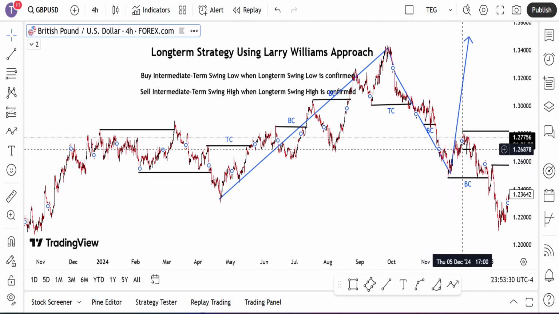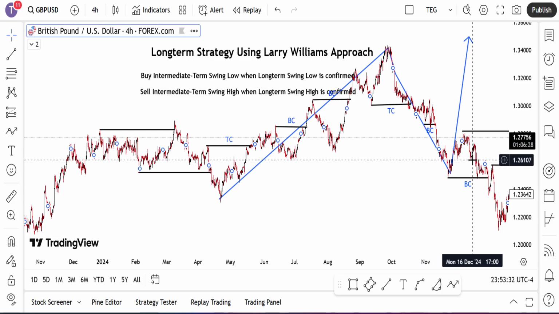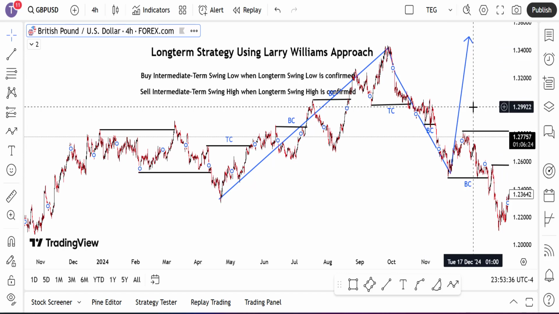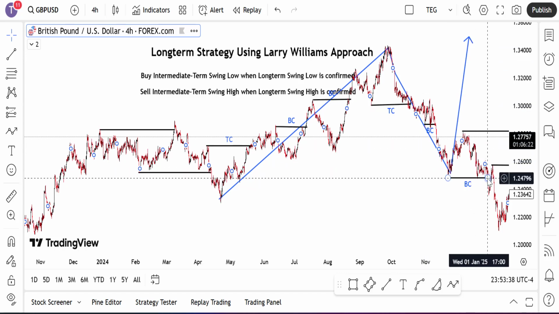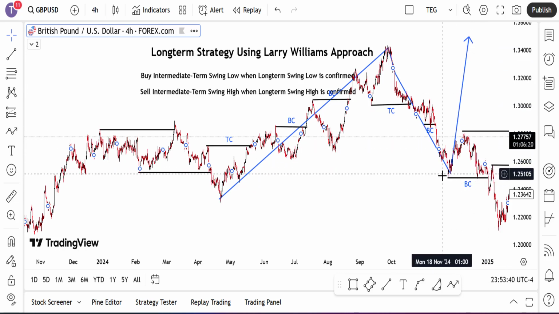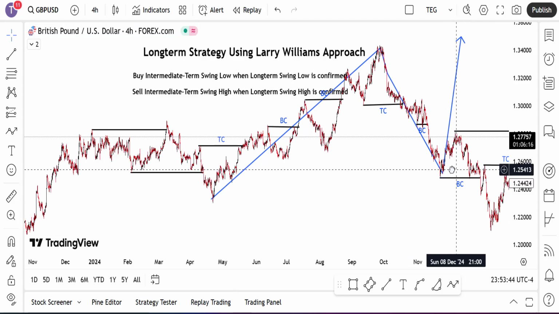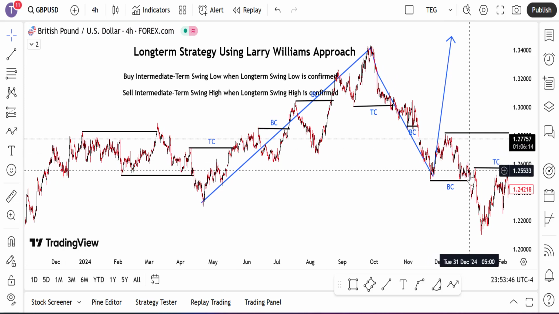But what happened? Price failed to create a movement upward. What happened? It took out our long-term swing lows. So that is just it. So from henceforth, we keep on looking for our intermittent swings to sell from.